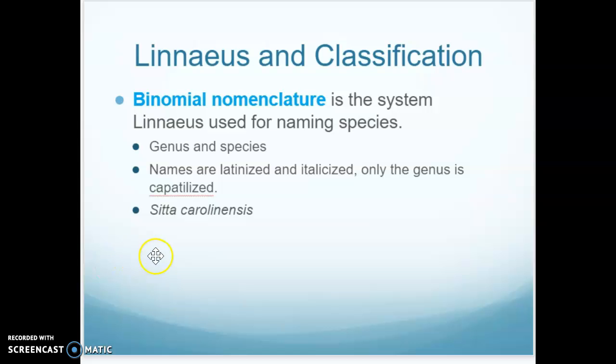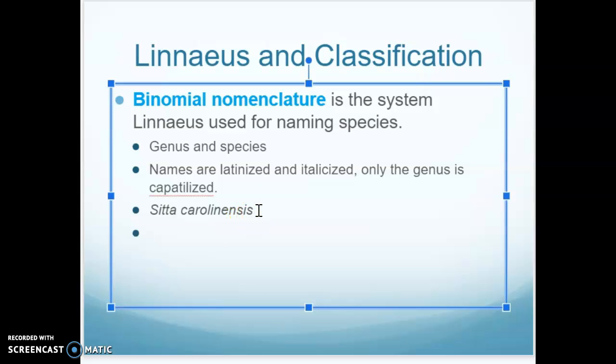The way that you write scientific names is the first word, the genus, is capitalized, the second word, the species, is lowercase, and the entire thing should be in italics. If you can't do italics because it's on the computer, you would underline it, okay? So for instance, if I was writing this on the whiteboard at school, Canis lupus, that would be the proper way to write a wolf.